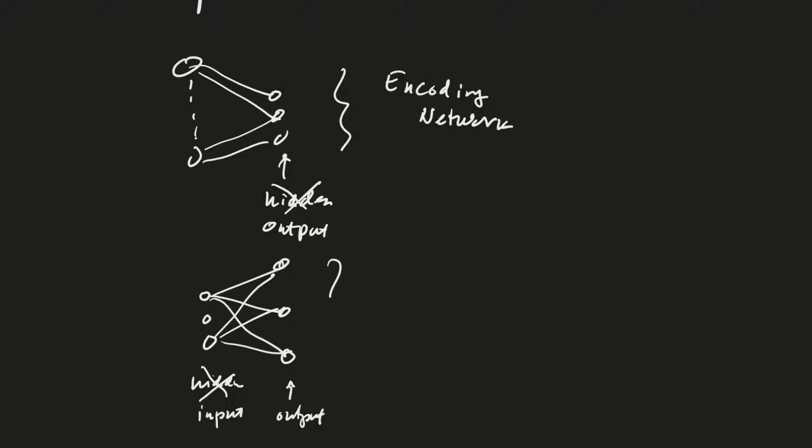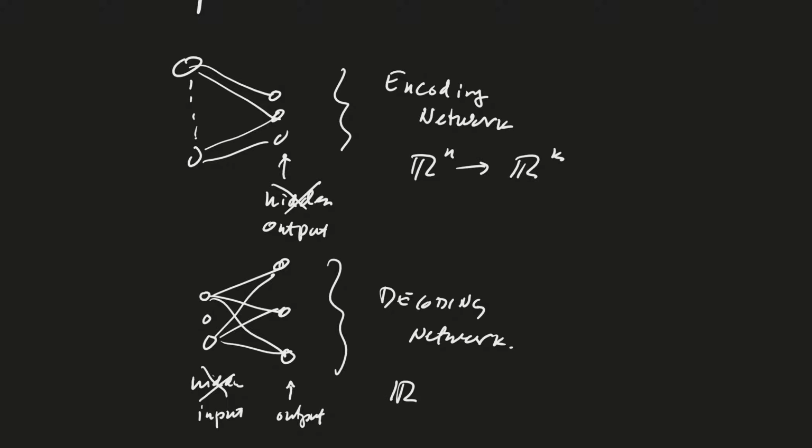And so this is the decoding network. The encoding network would go from your high dimensional space, usually Rn, to your lower dimensional space, Rk, and then the decoding would try to go in reverse, Rk to Rn.